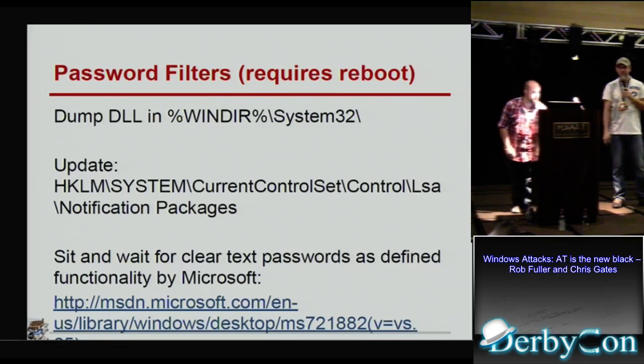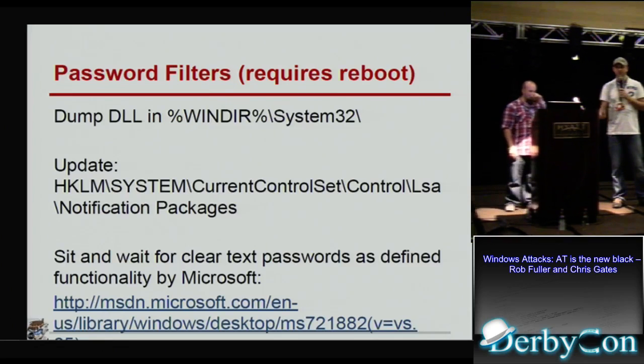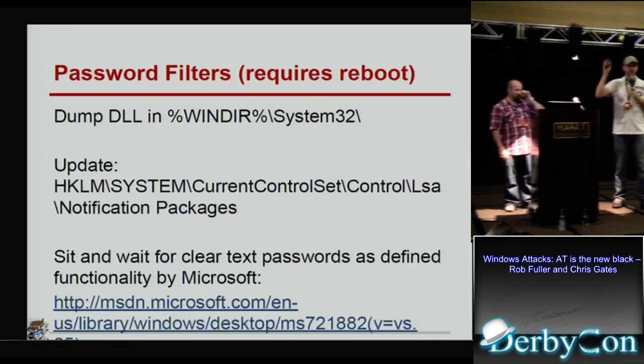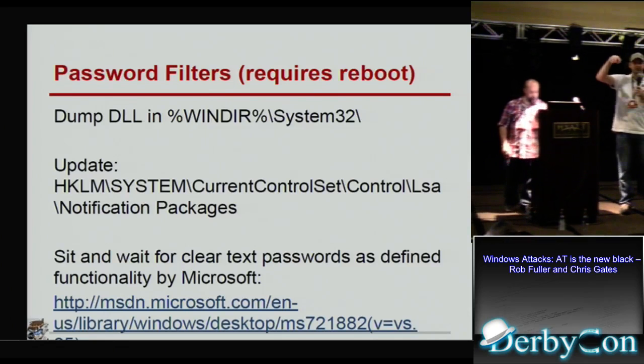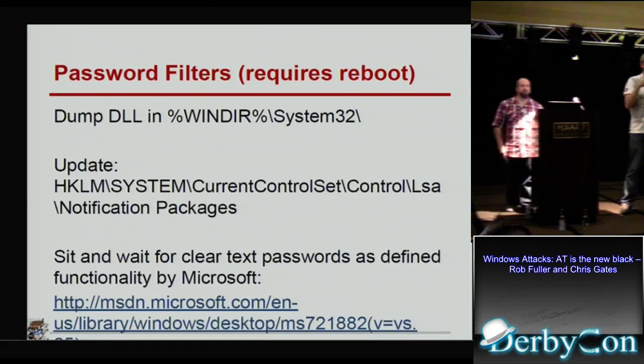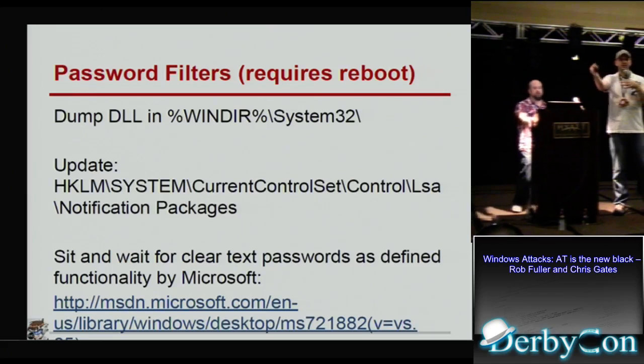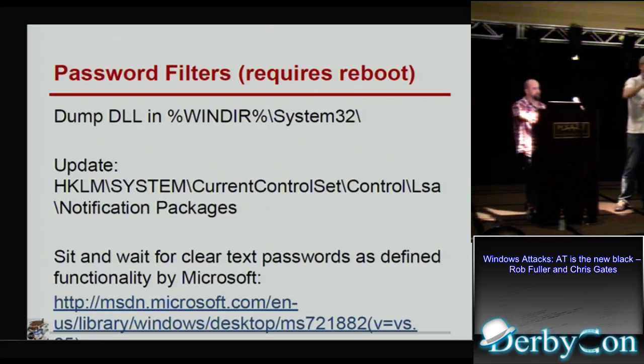So dumping password filters requires a reboot, but password filters for enterprises allow you to say, hey, I want you to have a more complex password than X. I want you to have 17 uppercase, 3 lowercase, and 5 pound signs. The way it does this is built into Microsoft, a Microsoft ability for Active Directory and Windows.